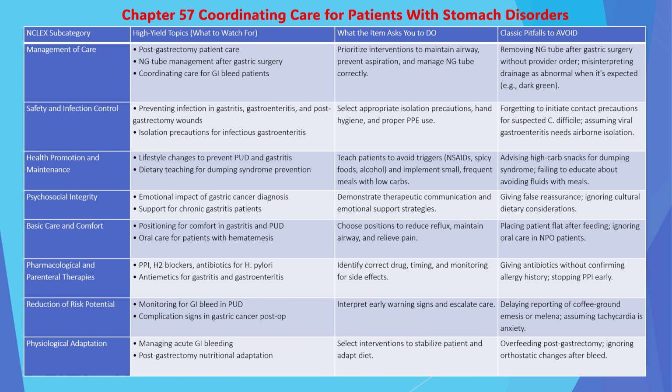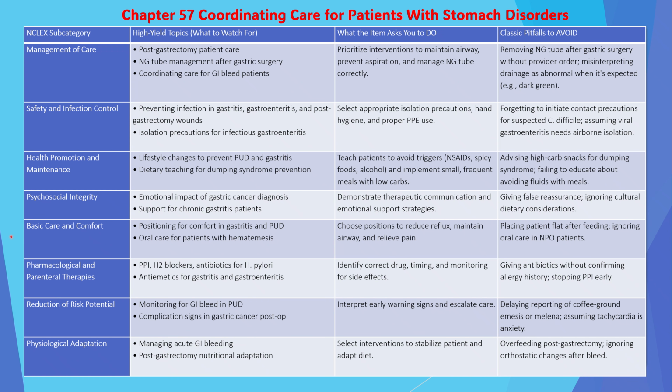Here is the breakdown of why, along with the high-priority sections from this chapter. You can take a short screen and look here for basic care and comfort. They are repetitive, but keep in mind that peptic ulcer disease complications are the highest priority.